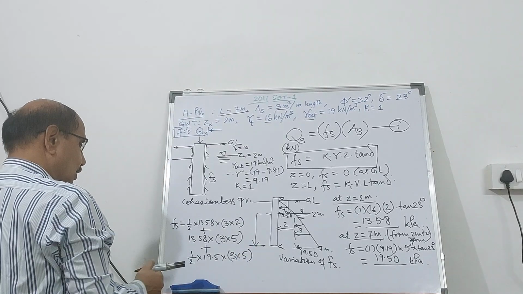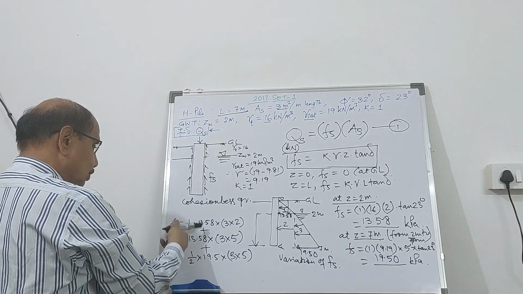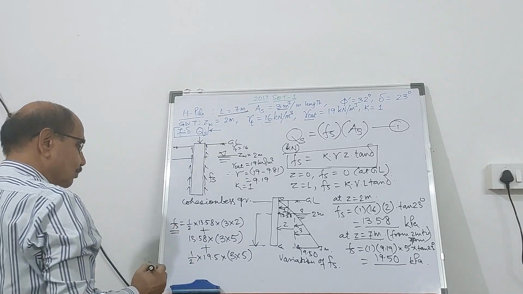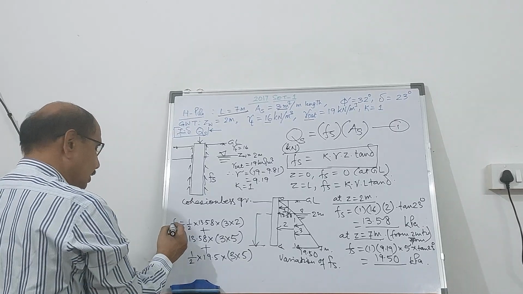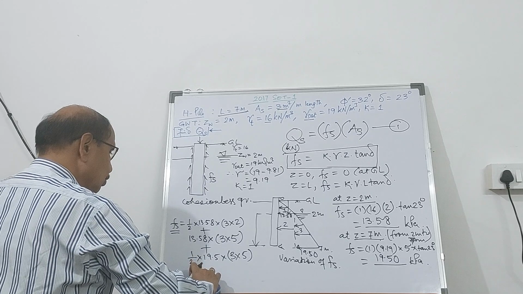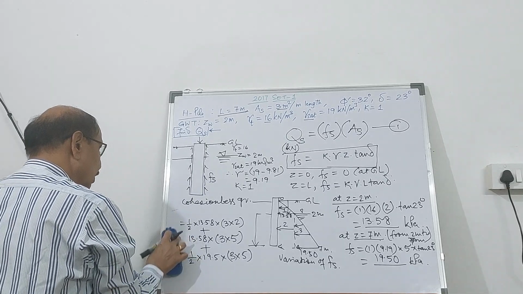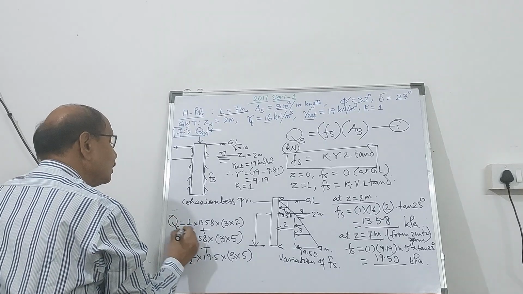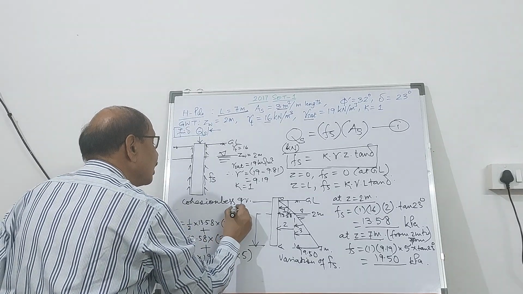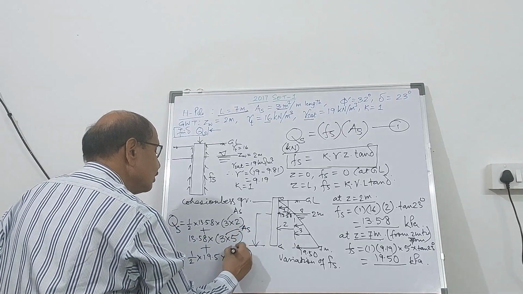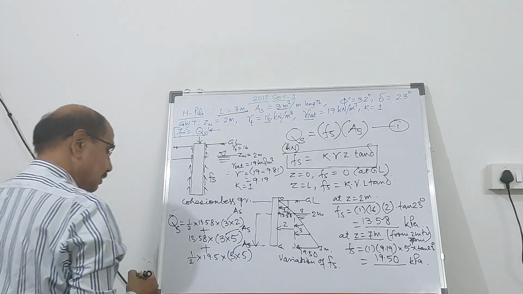So the net value you are getting is for unit skin friction multiplied by the area. This is the shaft area, this is the shaft area, and this is also the shaft area.